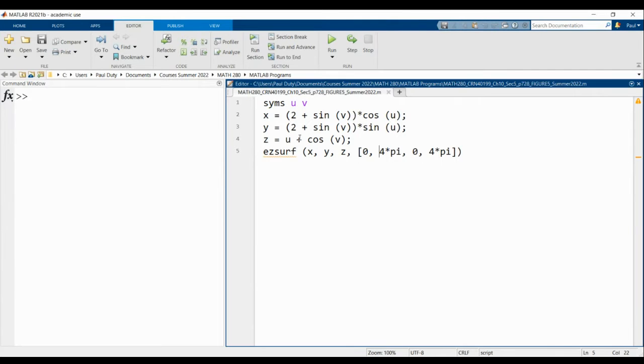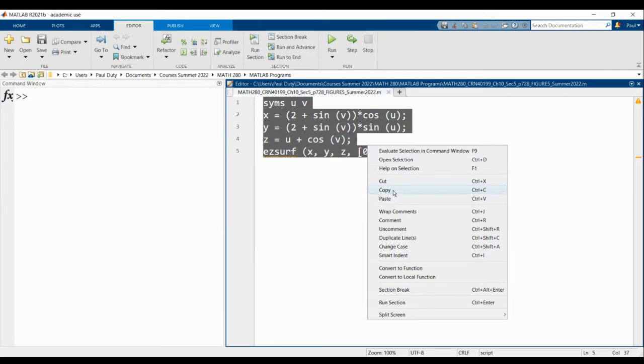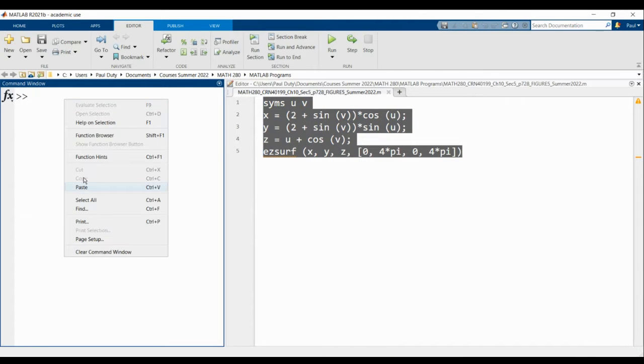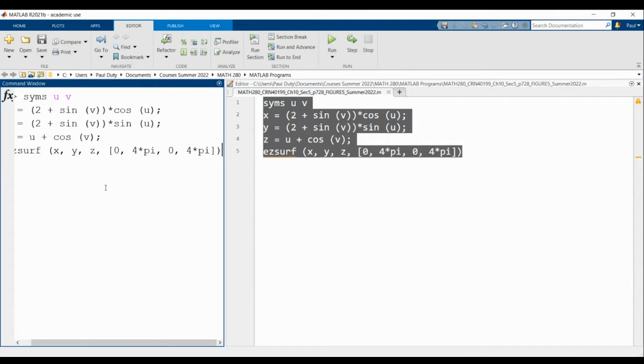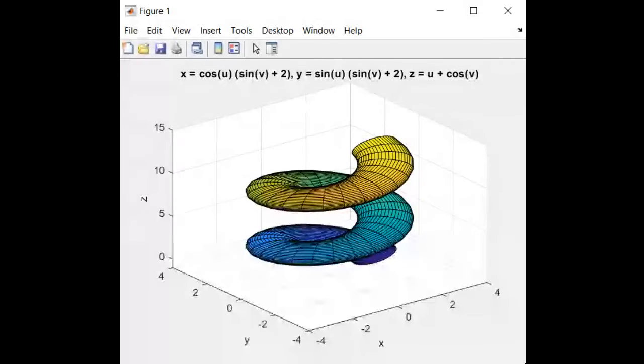Okay, so we can copy and paste the code. And when you do that, how many of you are getting the surface?